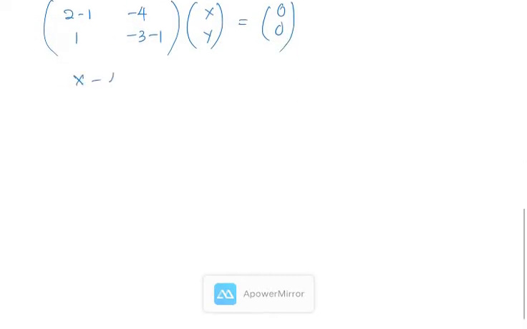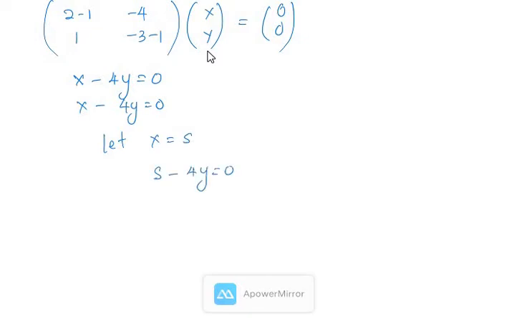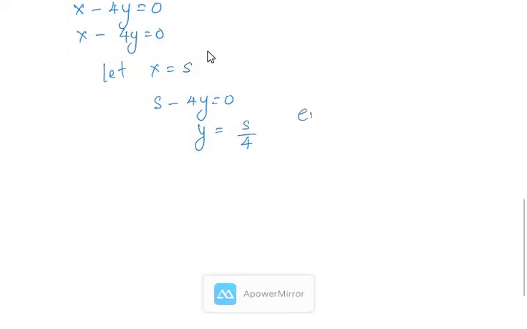So x minus 4y equal to 0 and x minus 4y equal to 0. Okay, you simplify from here. Now you assume that x is equal to s, so s minus 4y equals 0. So y equal to s over 4. So the eigenvector equal to 1 and 1 over 4, times s.